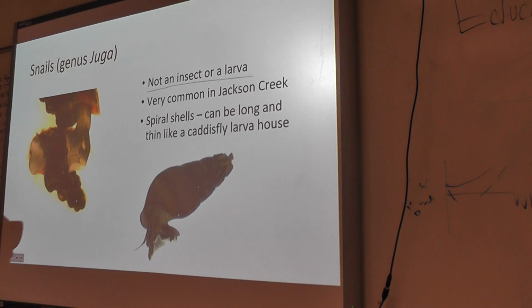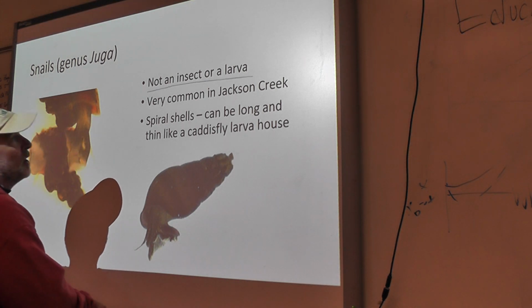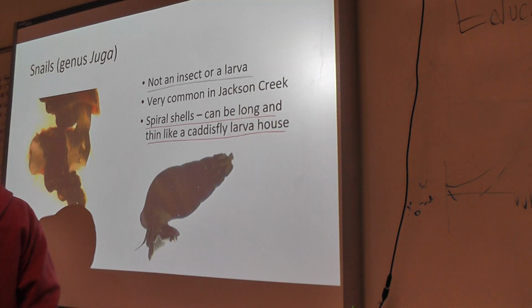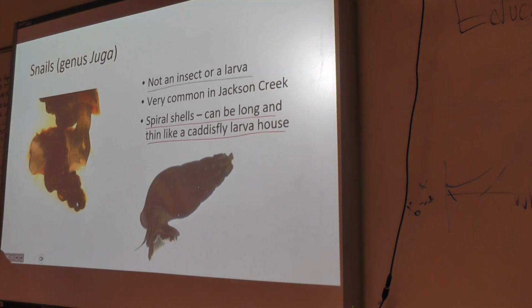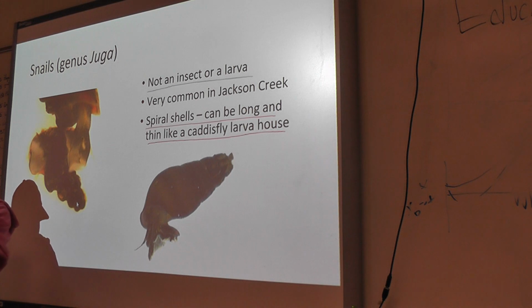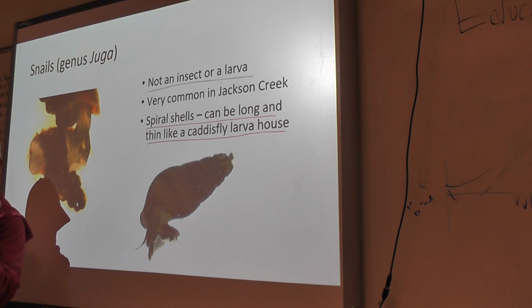So when we're identifying these, you look for snails, and if you find one, then it's this. The only thing to watch out for is that sometimes, like this just obviously looks like a snail, but there's variation, and the shells can be really long and narrow, and they can look like a caddisfly.